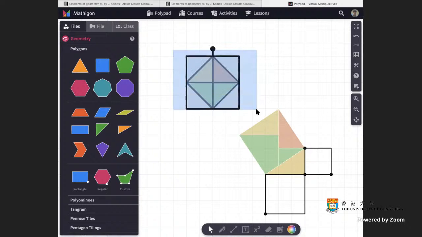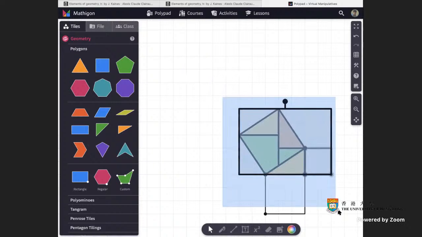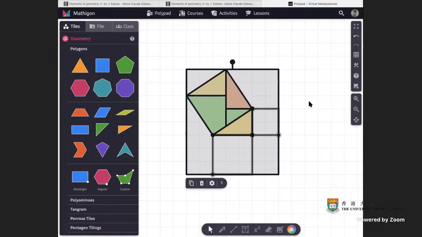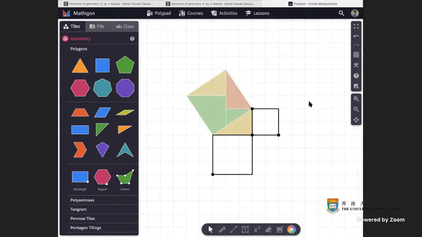Okay? Let me continue a little bit and show the other thing we can do in the Polypad. And in fact, you can also try to imagine how the same ideas can be applied to other tutor squares, and also using other kinds of cut and paste methods as well.